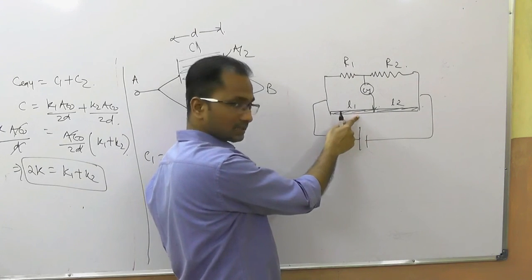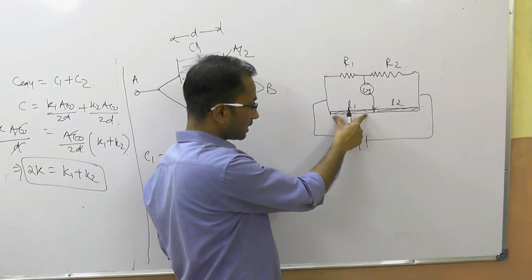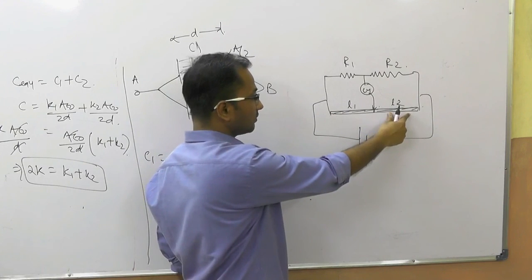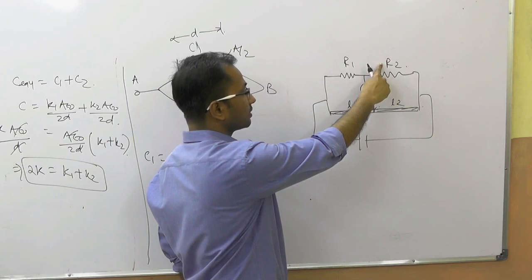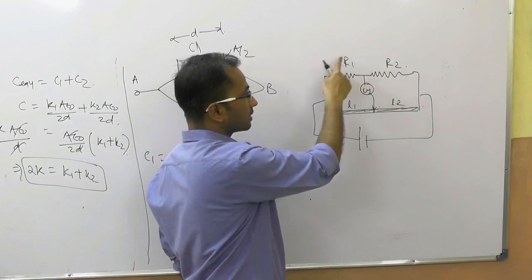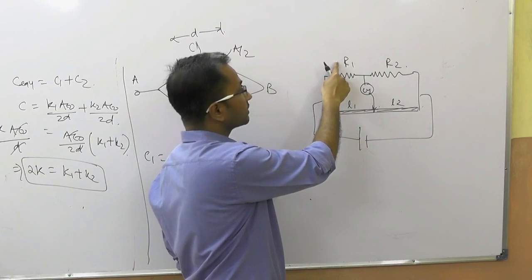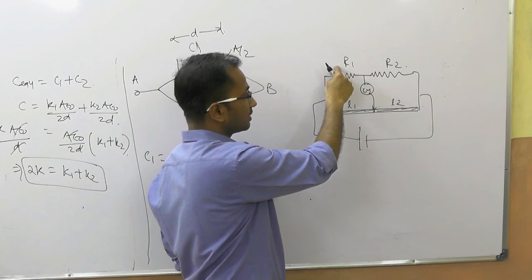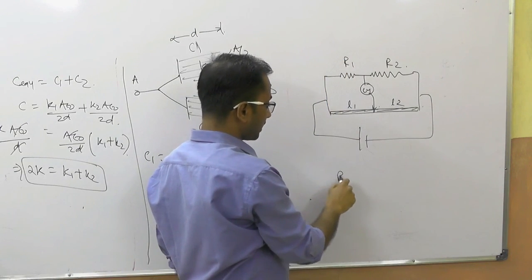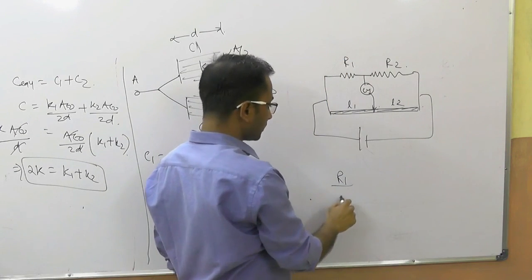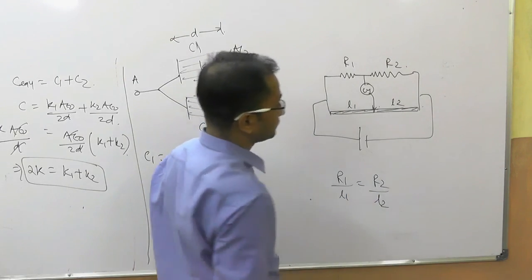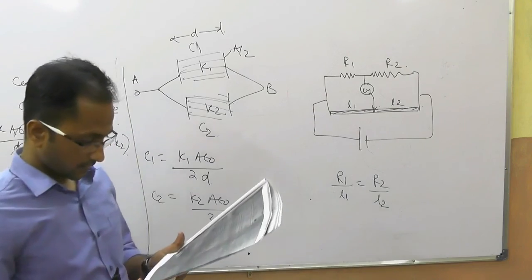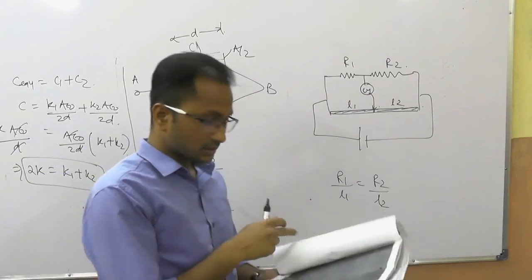The lengths at that moment are L1 and L2. If we know the resistance R2, by using the Wheatstone bridge we can find the resistance R1. So R1 by L1 becomes R2 by L2. So this is about question 27.